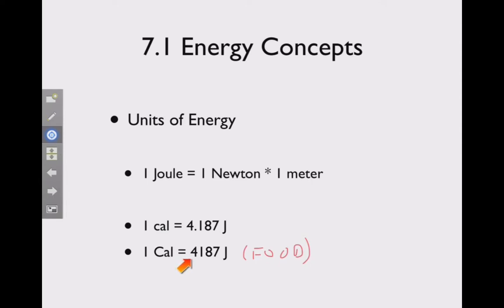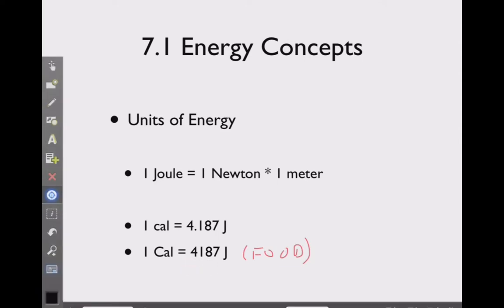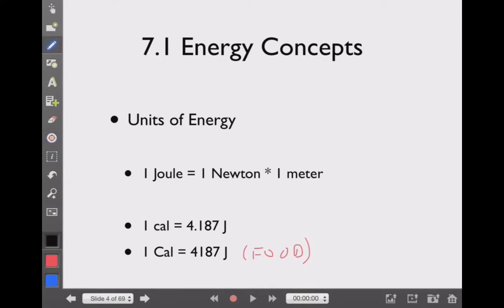So this is 4,187 joules. And we note that there are 1,000 little calories, little c, in 1 food calorie, where this is a capital C. And we can do a nice little conversion. I'll just do this very quickly.